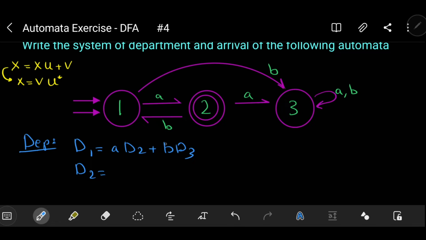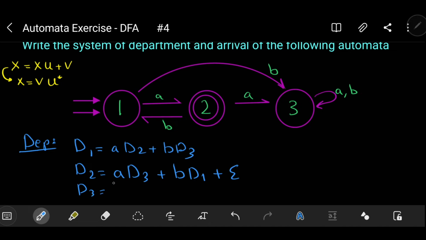D2 equal, what are the things that depart from 2? They are A and B. A is going to 3, and if we press B, we will go to 1. So it's very important to notice the writing direction. So D2 equals A D3 plus B D1, and since 2 is a final state, we need to put epsilon.